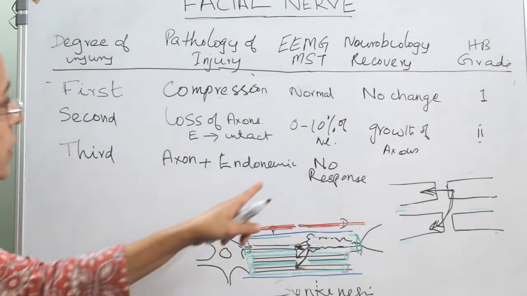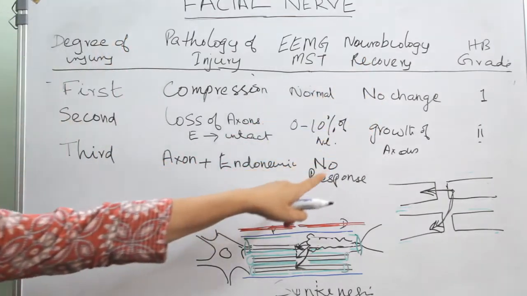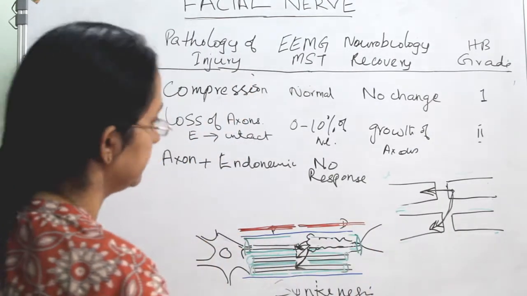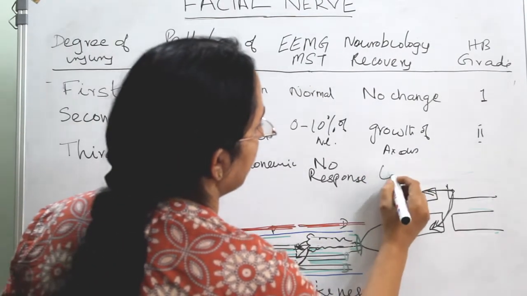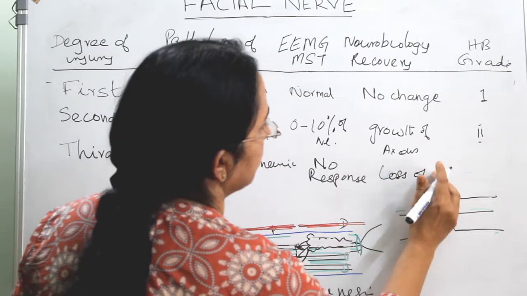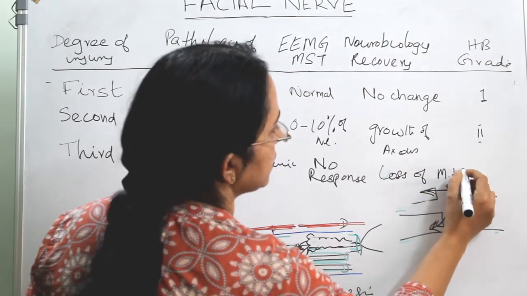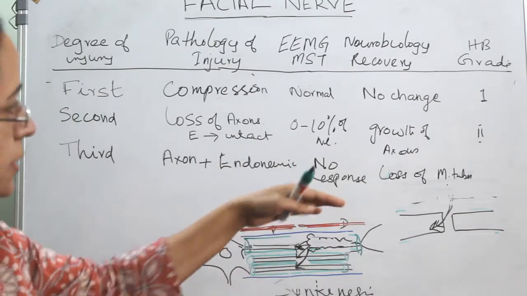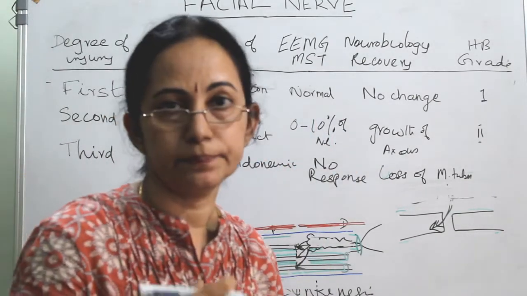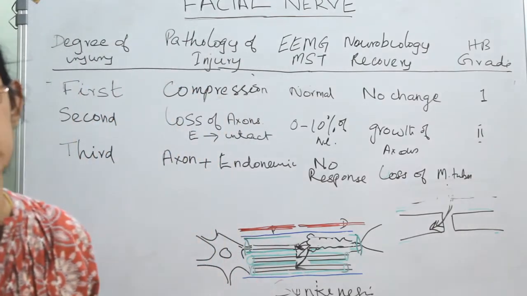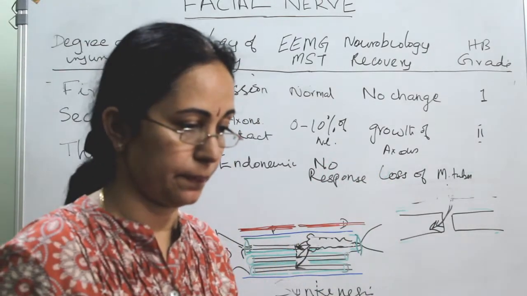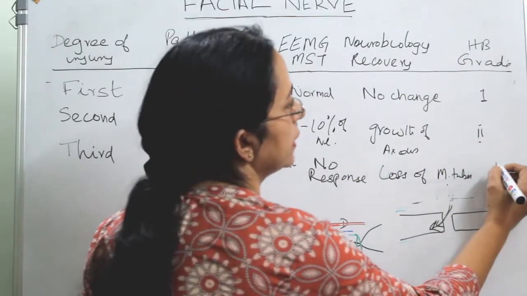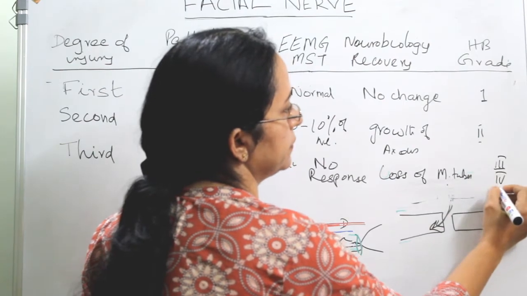So what will be the neurobiology? There will be loss of myelin tubes, and there is opportunity for axons to mix up with other axons, or even split up. So what will be the House Brackmann grading? It will be grade 3 or 4.